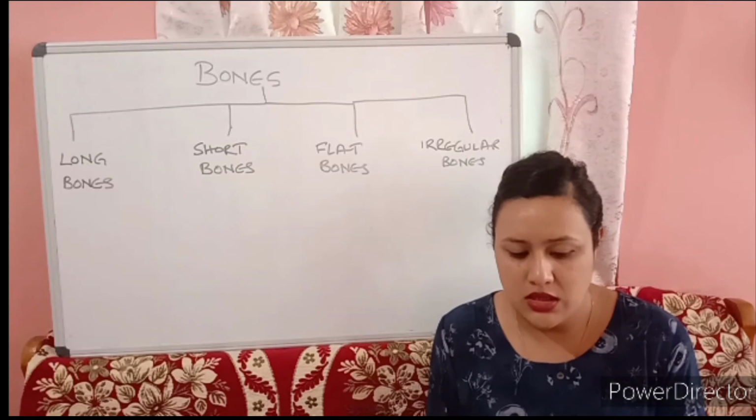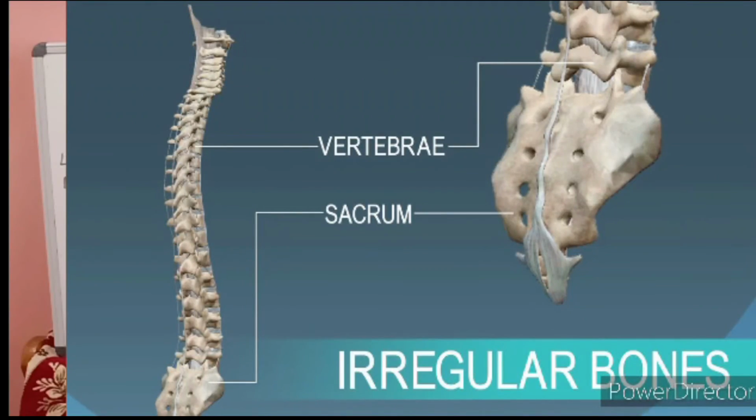Then the last one is the irregular bones. As the name implies, these bones are irregular in shape, non-uniform. They have a varying amount of bone tissue. Good examples of this are the vertebral column, your vertebrae, your backbone, your sacrum and your mandible.